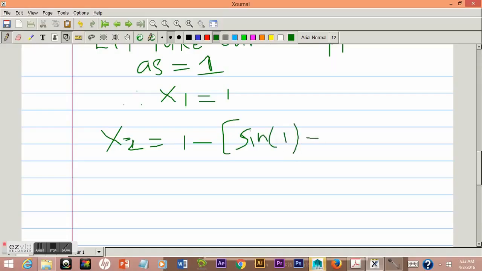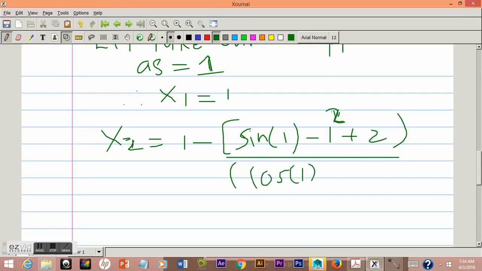If you simplify, then x2 will be 2.26154271. We now find the x2.